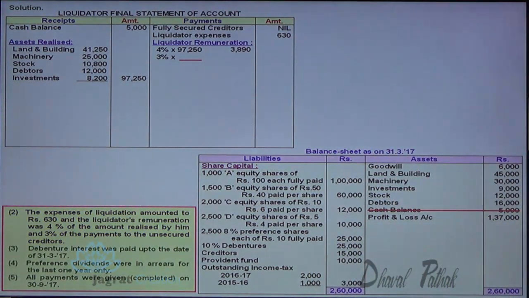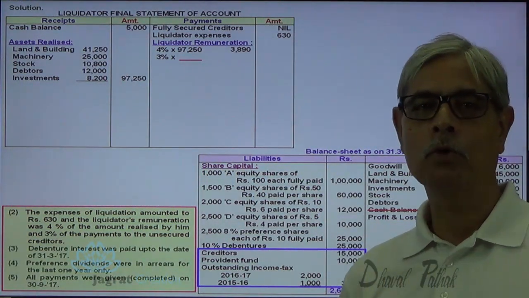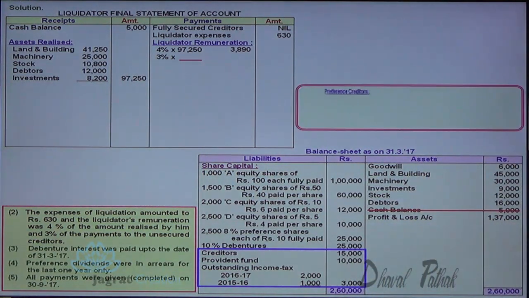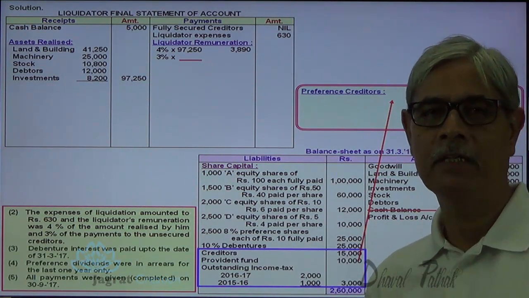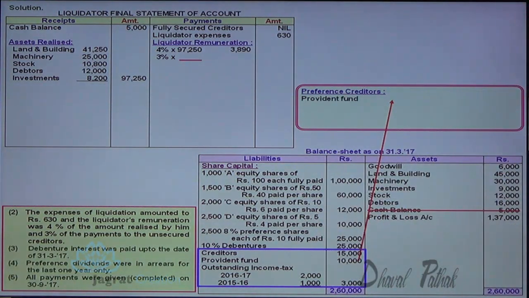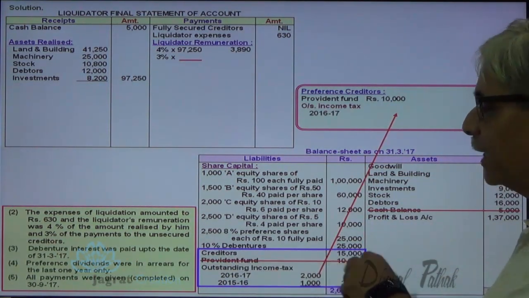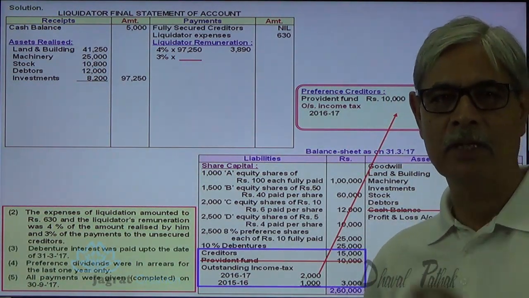Now the next payment is to be made to preferential creditors, and then you have to pay the unsecured creditors. As I told you, provident fund has to be paid in priority as against unsecured creditors. So preferential creditors include the provident fund liability. Similarly, outstanding income tax within 1 year before the commencement of liquidation is a preferential liability.